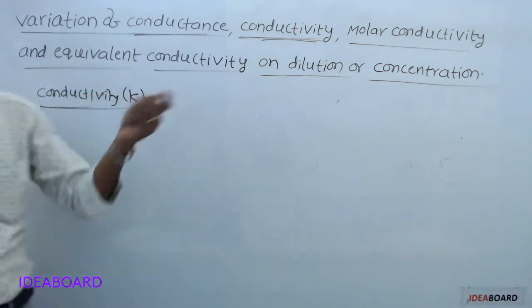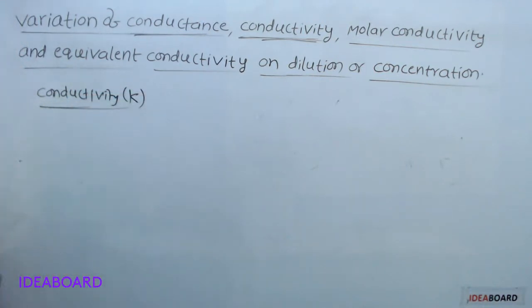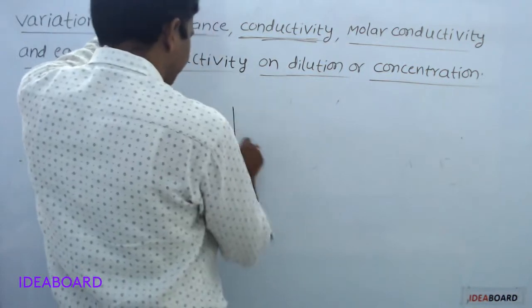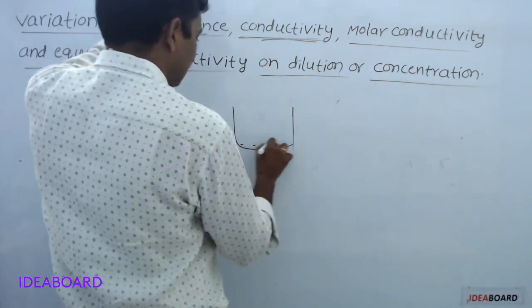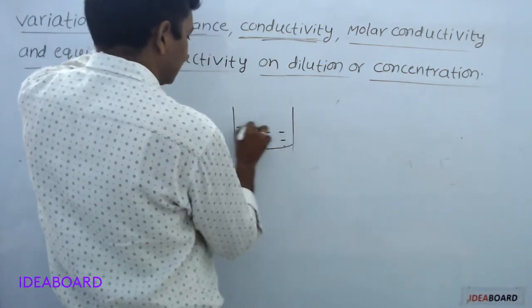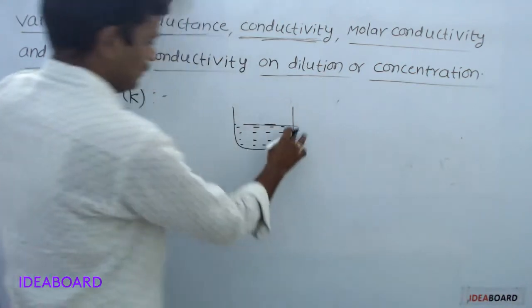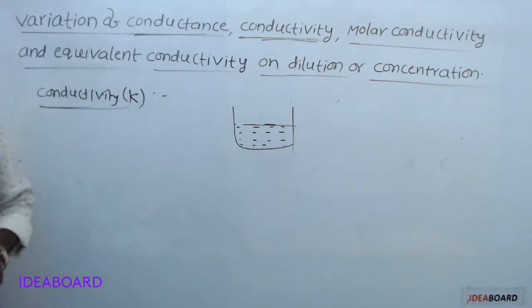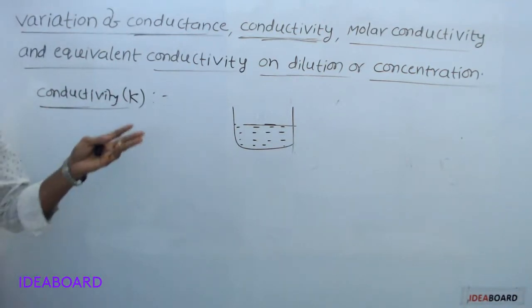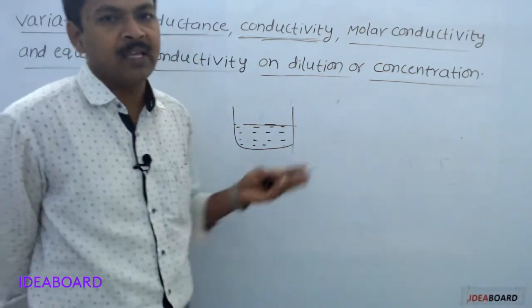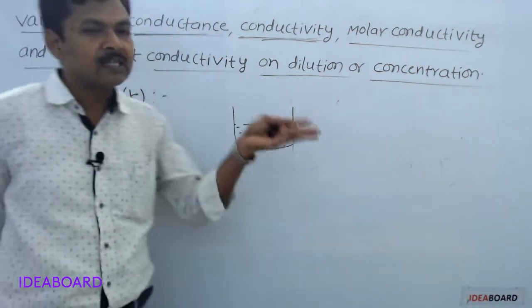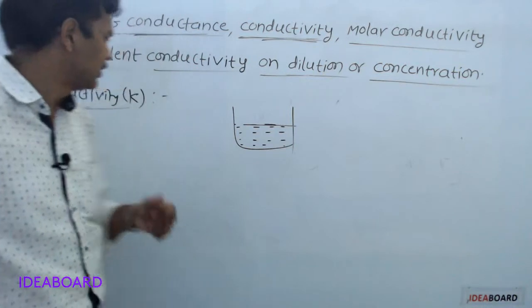Variation of conductivity on dilution. I am taking one electrolyte. Let us assume 1 milliliter of electrolytic solution. First, what is conductivity? Conductivity is nothing but the conductance of 1 milliliter of electrolytic solution.